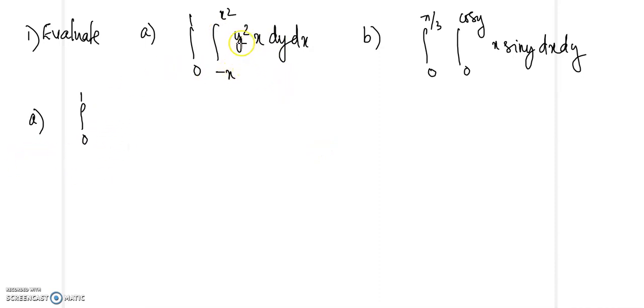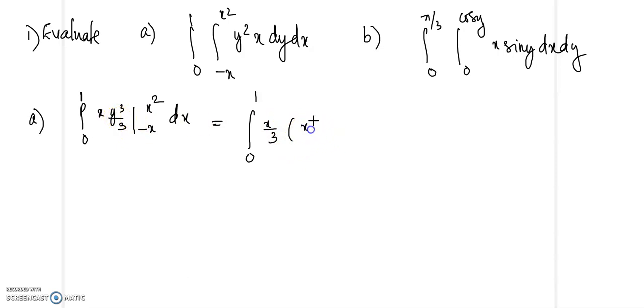So here, first integrate with respect to y. x will be a constant, so y square integrates to y cube by 3, from minus x to x square, dx. So that is integral 0 to 1 of x by 3. Now we apply the limits.